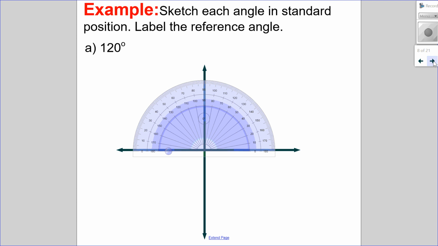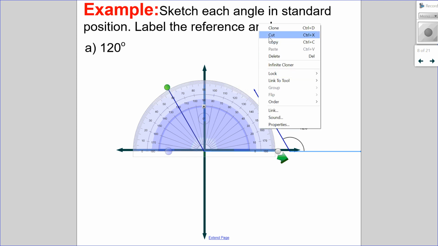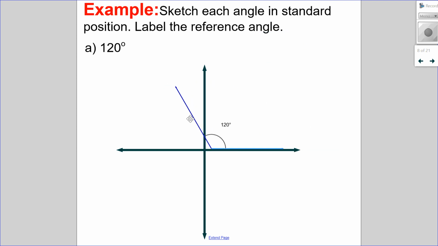Let's try an example here. I want to sketch the angle in standard position and label the reference angle. So 120 degrees, I know that is a quadrant 2 angle. If I come right to here, there is 120 degrees, so I can sketch that angle like this. Remember I said you always compare it to the x-axis angle.